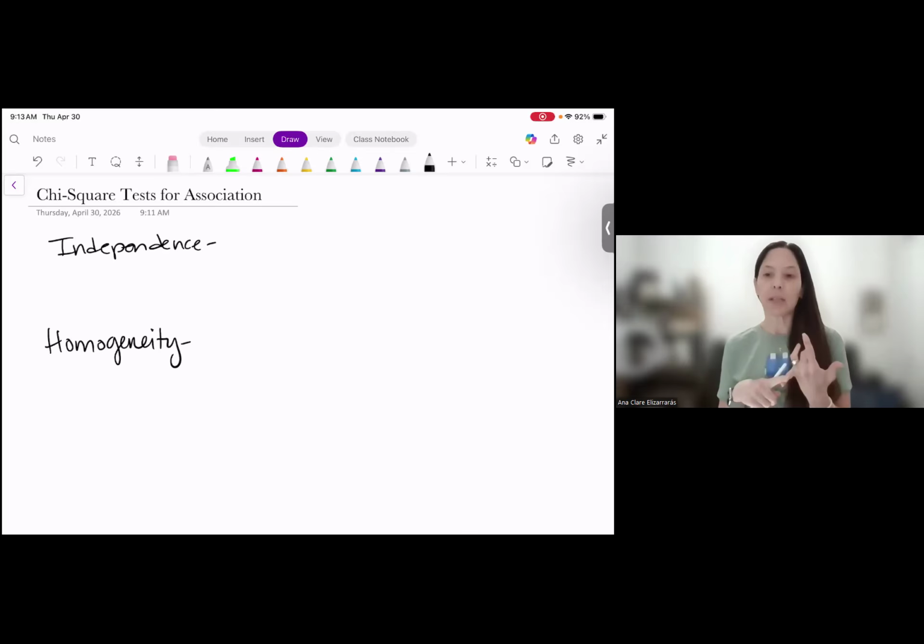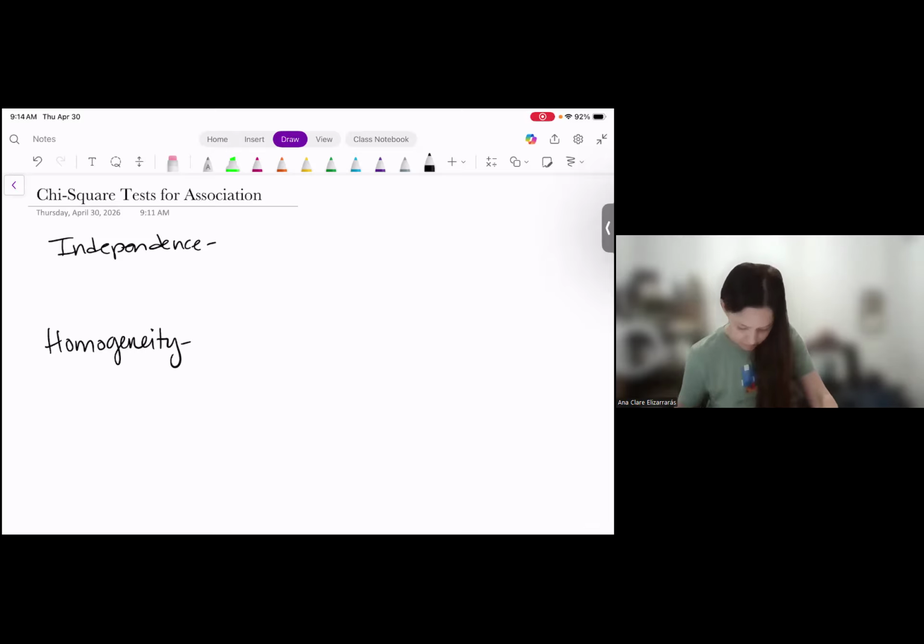Both of these calculate the test statistic the same way. They calculate expected values the same way. They use the same degrees of freedom. The difference is their null and alternative hypothesis and conclusion, and the data that is given to you. So you have to read the problem to determine if you're talking about independence or not.